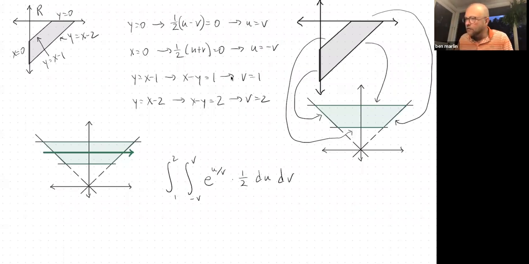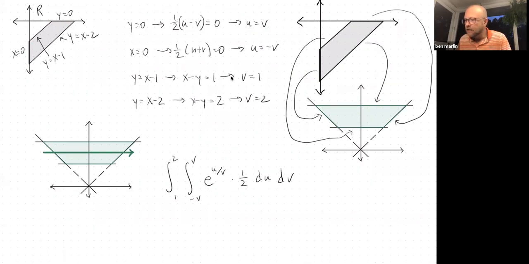So you've got that piece there is just y equals 0. So you substitute in what you've got for y and solve, and you can say u equals v or v equals u, however you want to put it. Then if we do x equals 0, we've got the same kind of thing, but we end up with u equals minus v or v equals minus u, however you prefer, right?